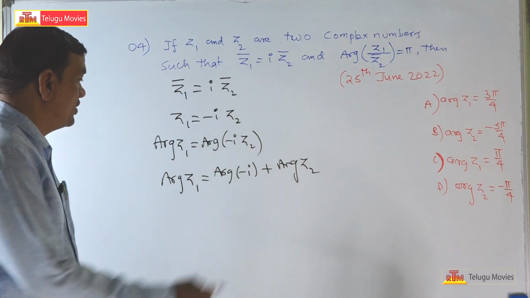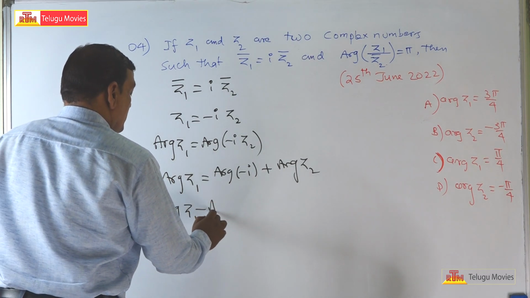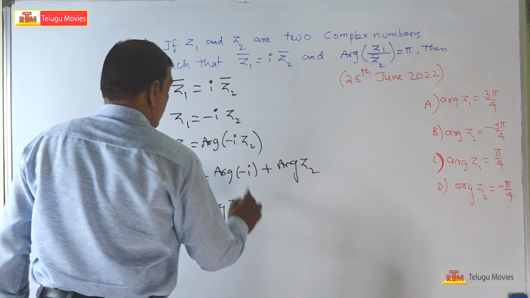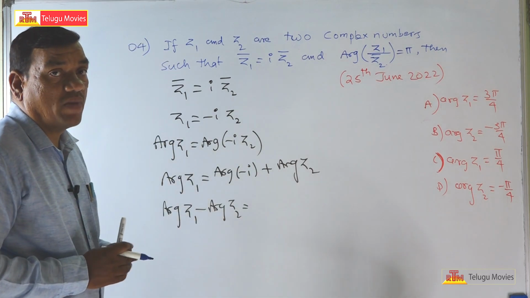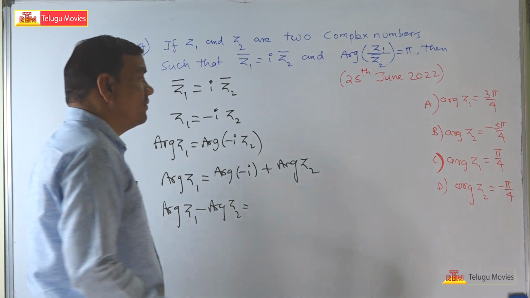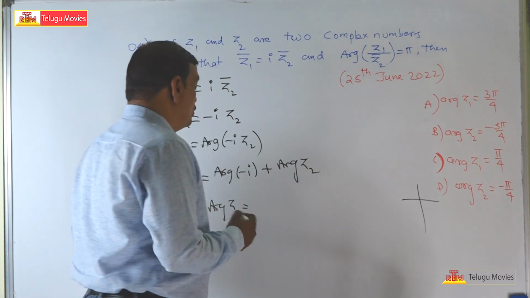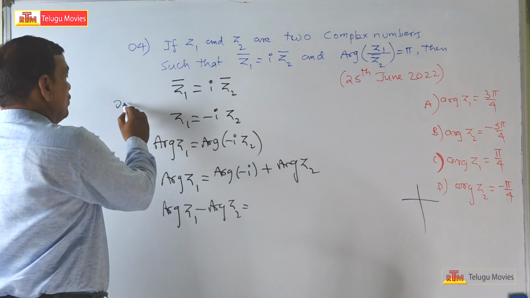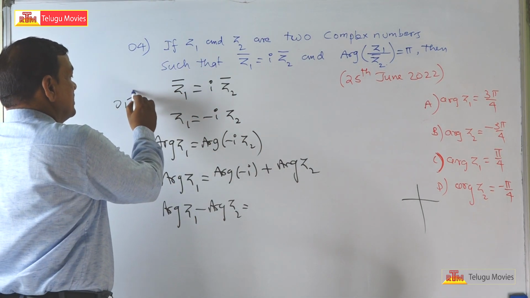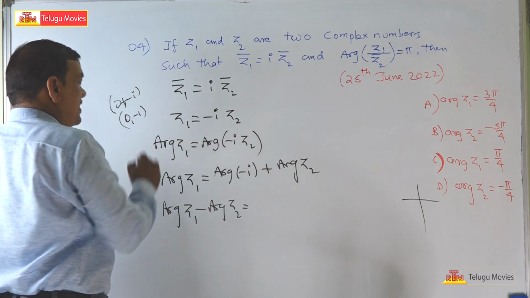Take the argument of Z2 to this side: argument of Z1 minus argument of Z2 is equal to the argument of minus i. What is the argument of minus i? It lies on the negative y axis, the point (0, minus 1).